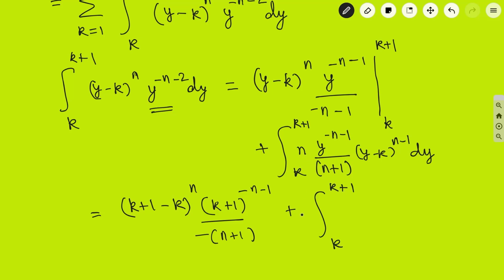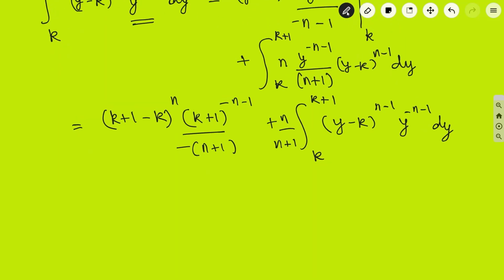Let me pull this n and n plus 1 out. You have (y minus k) to the power n minus 1, and then y raised to minus n minus 1 dy. Right, so that's what you get.